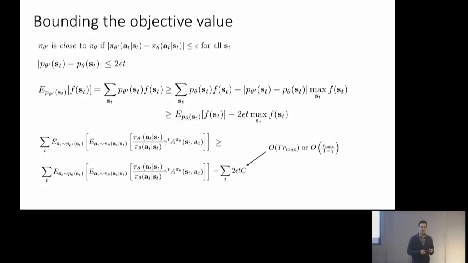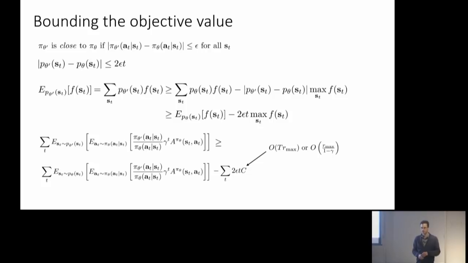You're in a state where the value is like 0, but the future rewards are huge. So in general, if you want to bound all this stuff, the maximum price that you might pay is the largest reward times the number of steps of the future, which is on the order of t. So that's why you have an R max and a t. Or if you have an infinite horizon discount, R max divided by 1 minus gamma.